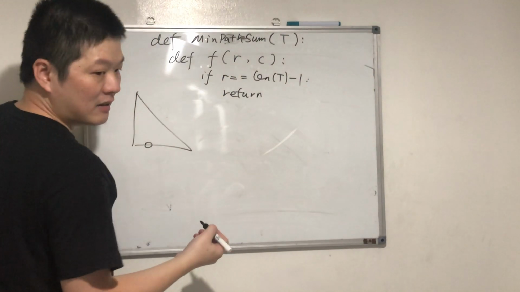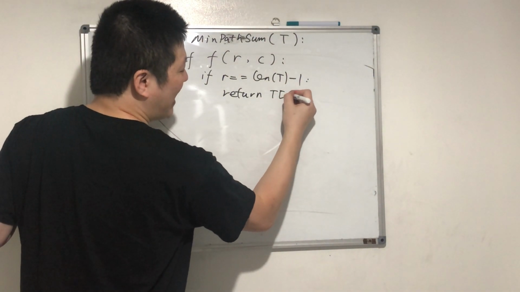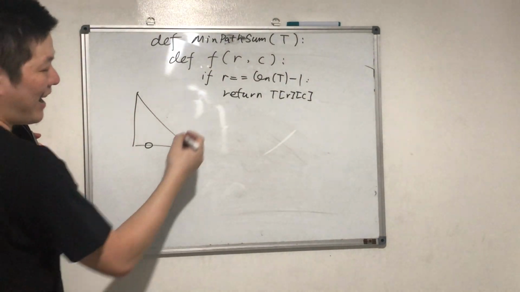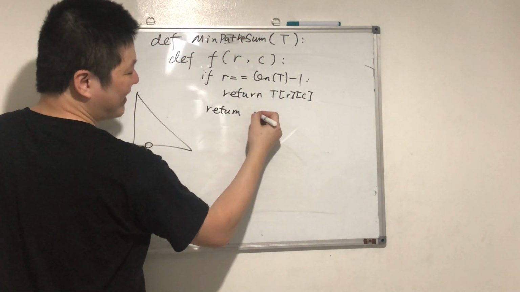Return the value here, right? So it's T[R][C]. Otherwise, if it's not in the last row, then we return what?